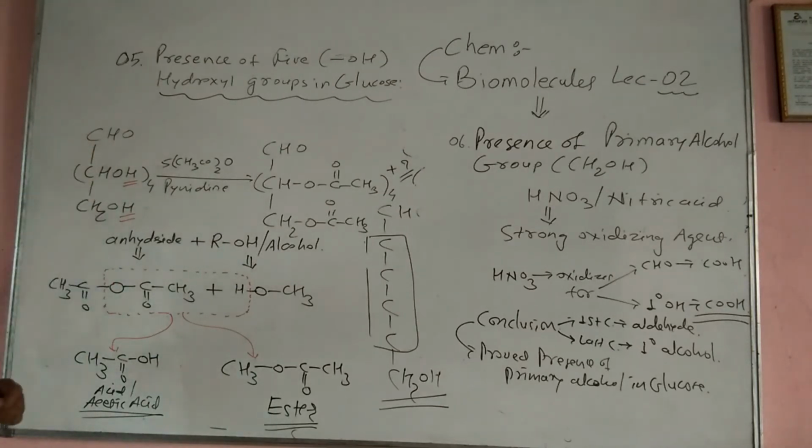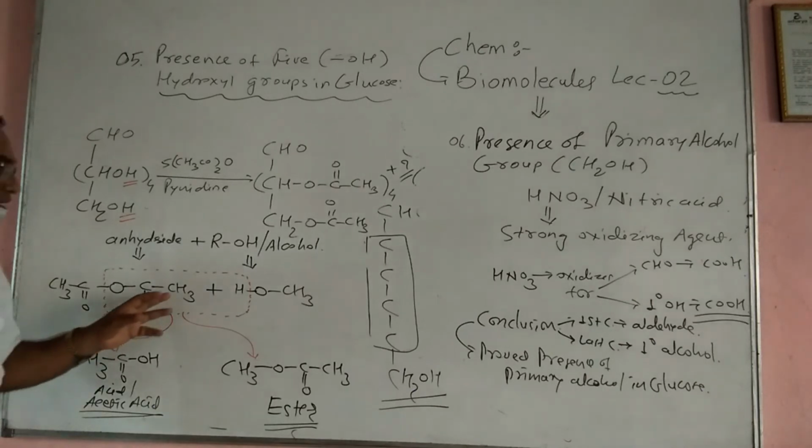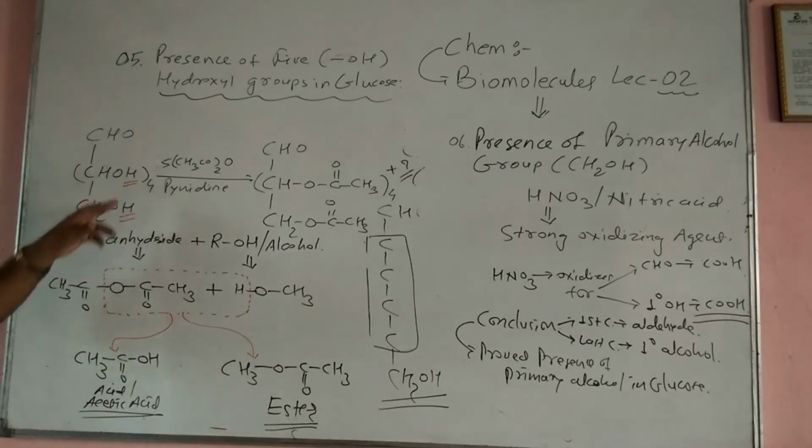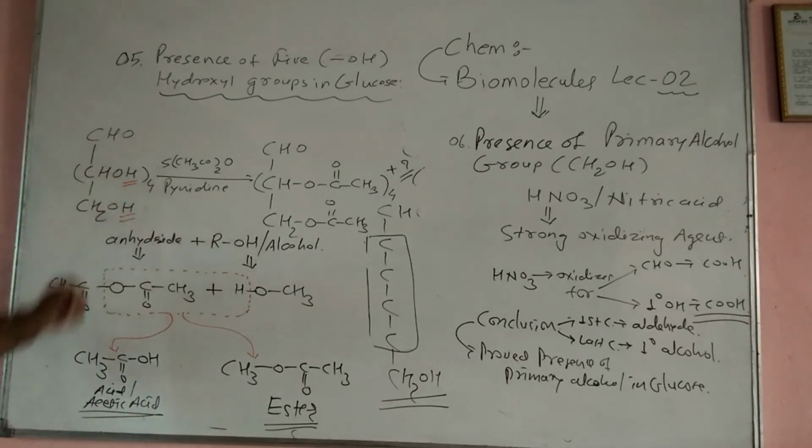Then, some part of the anhydride goes along with the active hydrogen, and acid formation takes place, acetic acid.